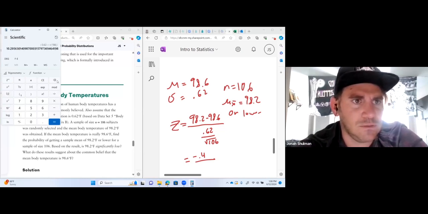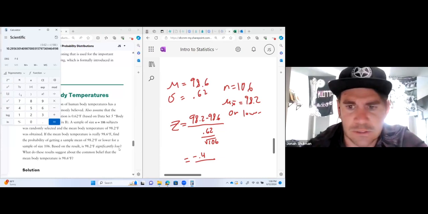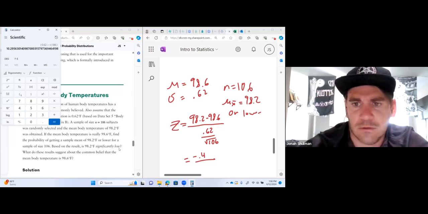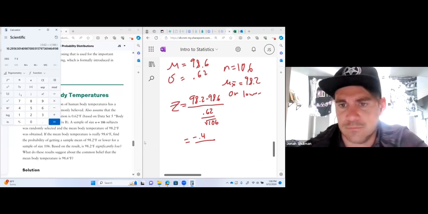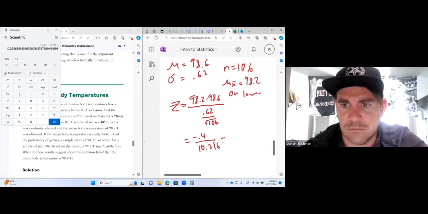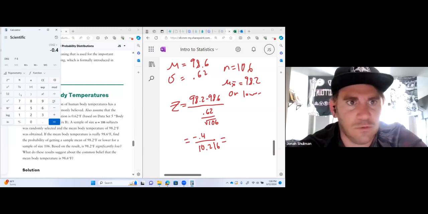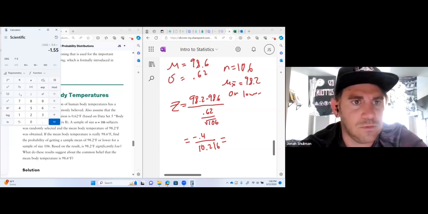Notice that this is here. So our bottom is 10.296. And so here we go. So our answer is going to be the negative 0.4 divided by, oops.